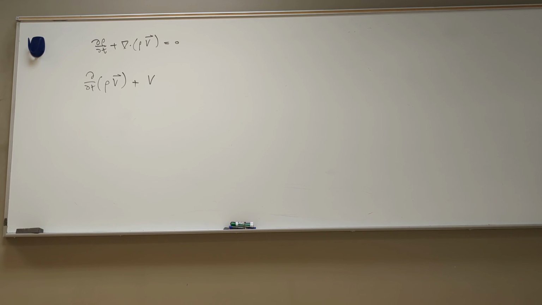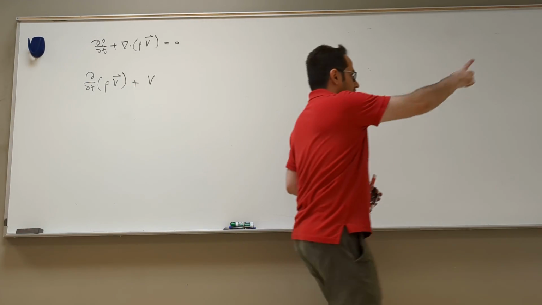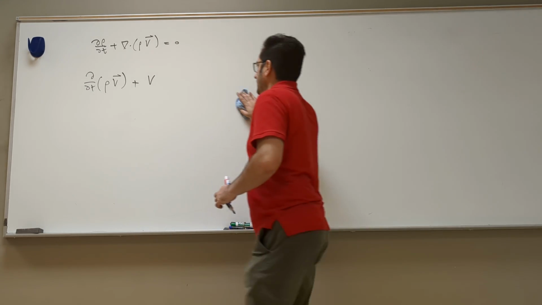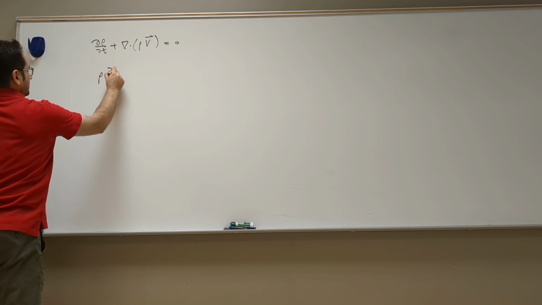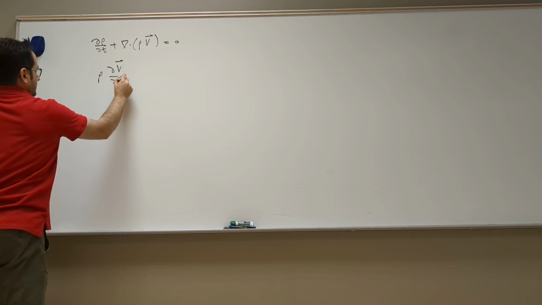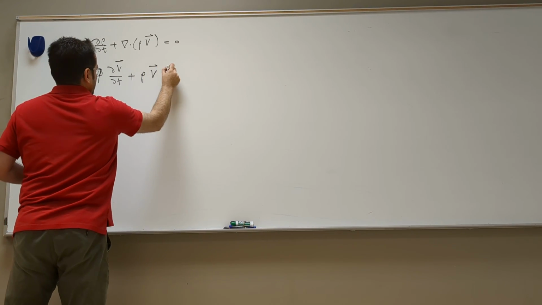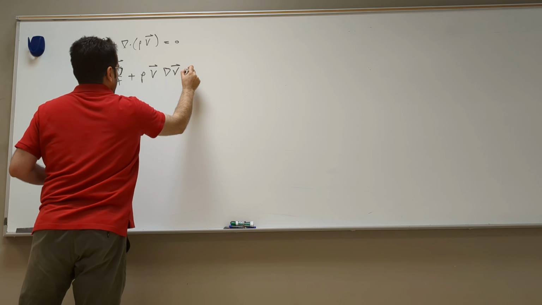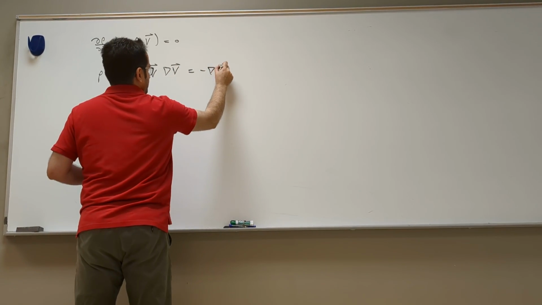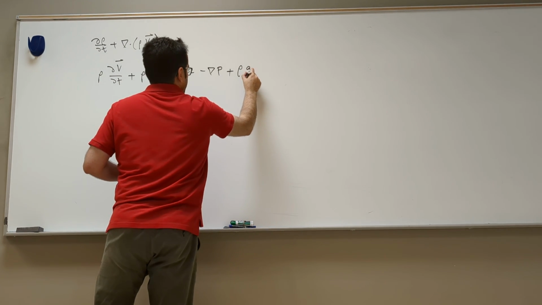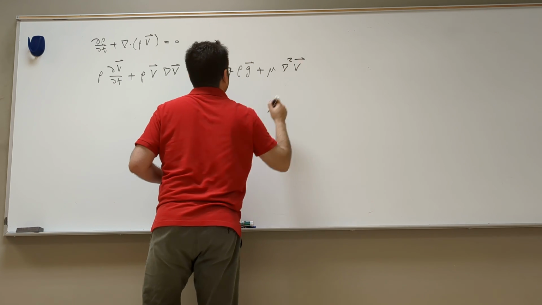Right here. I already did the substitution of continuity, so I use the one on the top. So ρ dv/dt plus ρv gradient v is equal to negative gradient pressure plus ρg plus mu del squared v.